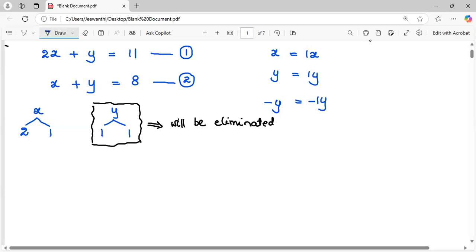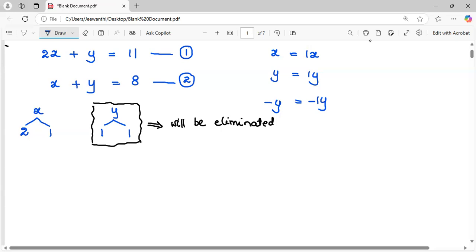Then I want to look at the sign of the coefficient of the eliminating letter. I repeat, after deciding the eliminating letter, to move forward I want to look at the sign of the coefficient of the eliminating letter. The eliminating letter is y.